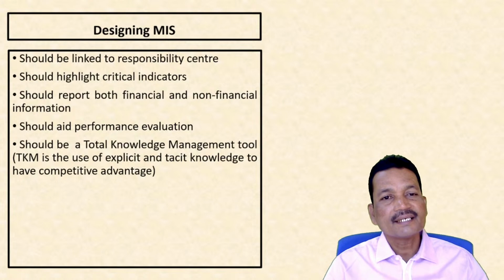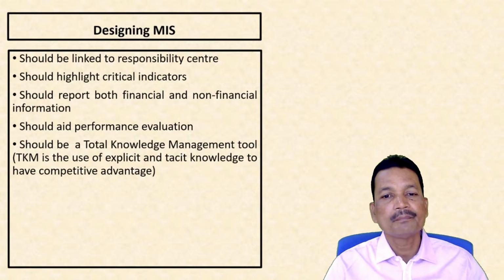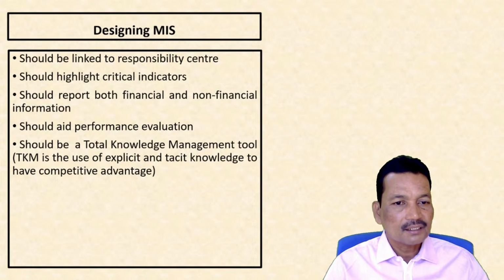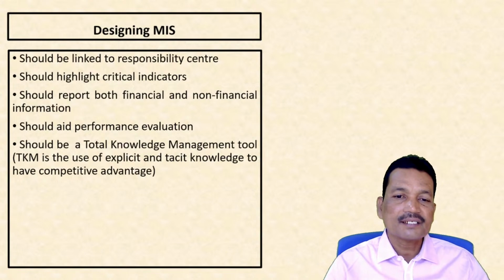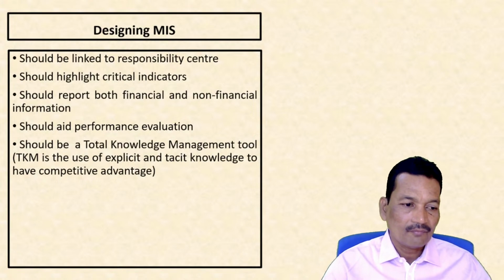Again, we say that management information system should be a total knowledge management, TKM, tool. What is the TKM? It is the use of explicit and tacit knowledge to have competitive advantage.